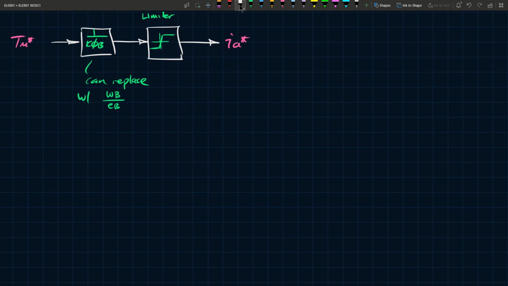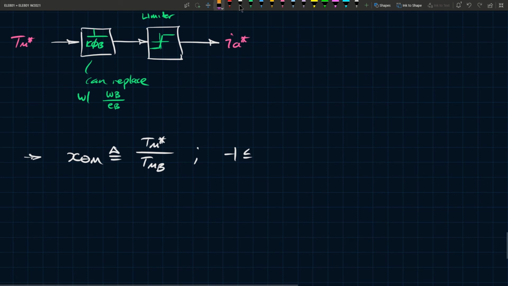We can define a parameter, call it x theta m, defined as the set point divided by the rated value. And we say that this is between plus and minus 1, so minus 1 is less than or equal to x theta m, which is less than or equal to 1.